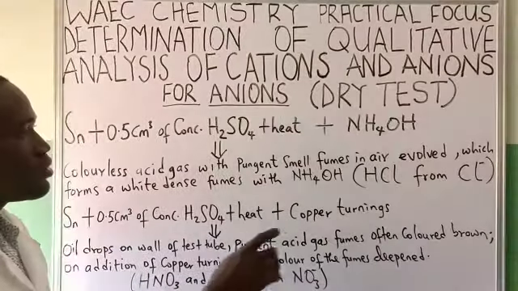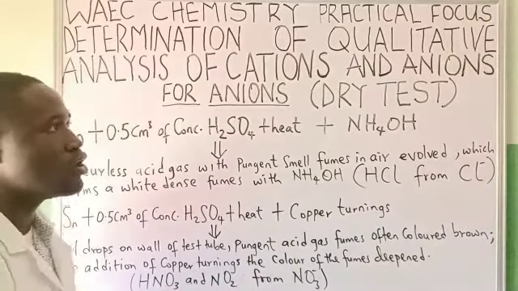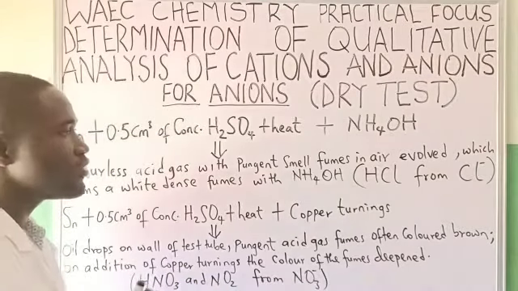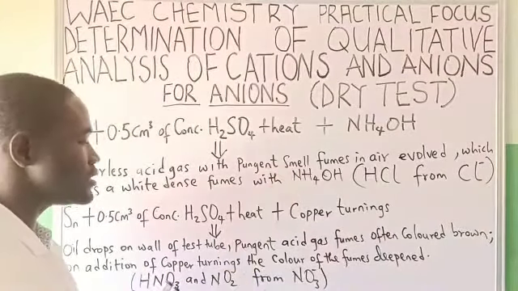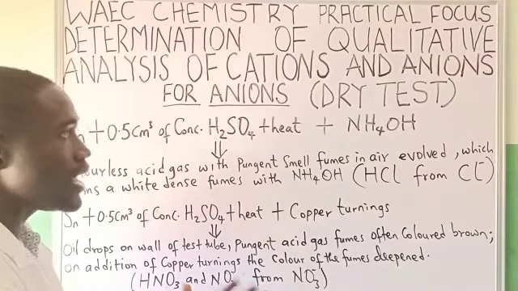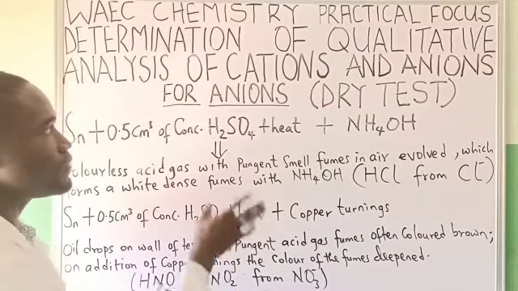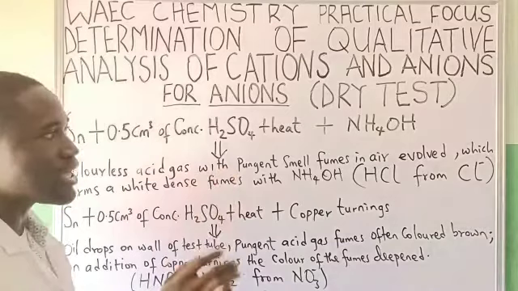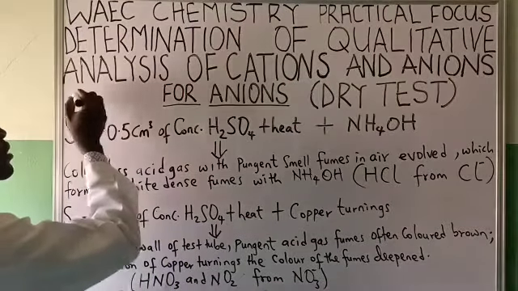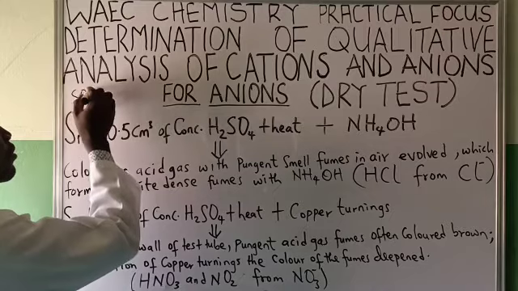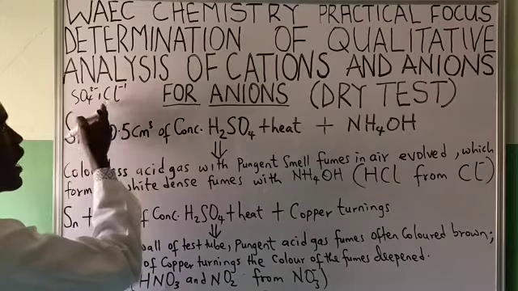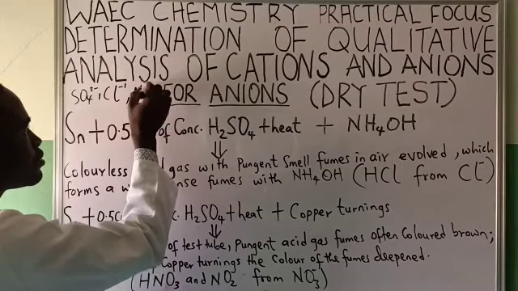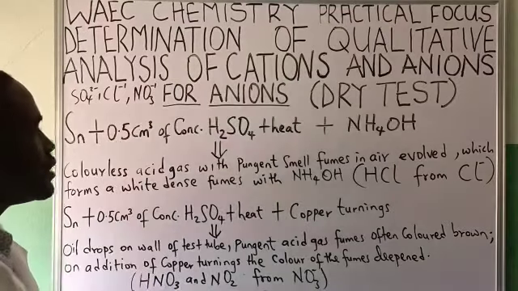To test for presence of chloride ions, we have tested for carbonate, we have tested for sulfate, we are now testing for chloride and for nitrate ion. That means in your salt analysis, in determination of anions, the possible anions they can ask you to test are SO4, Cl, the chloride ion, then nitrate ion, and carbonate ion.